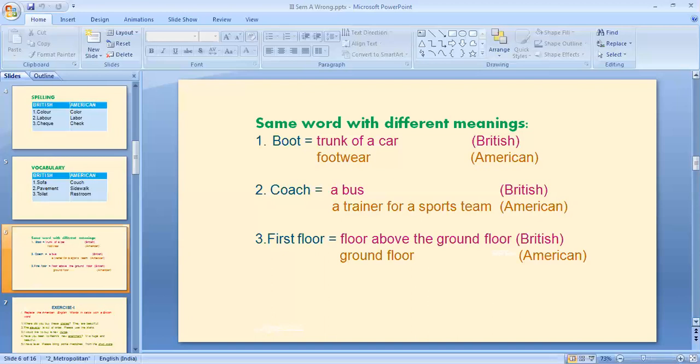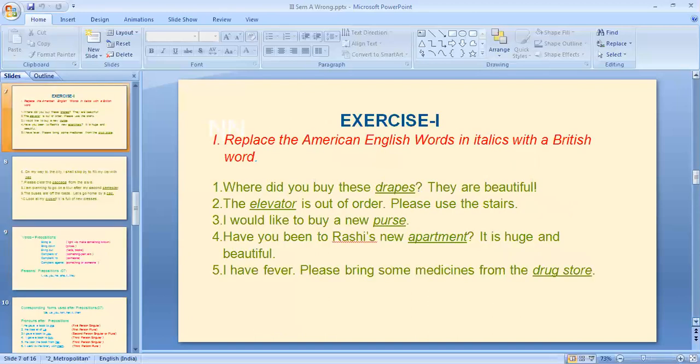Totally, there are 4 exercises given in the textbook. First, we begin with exercise number 1. Under this exercise, 10 sentences are given, and the students are asked to replace the American English words in italics with a British word.